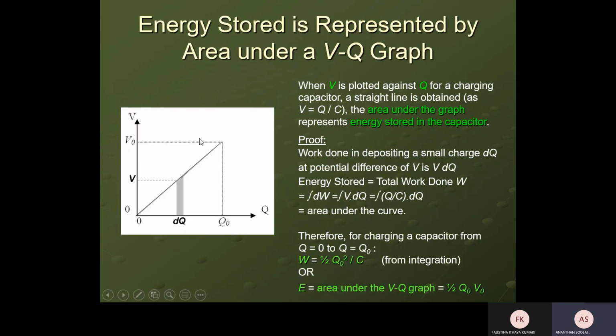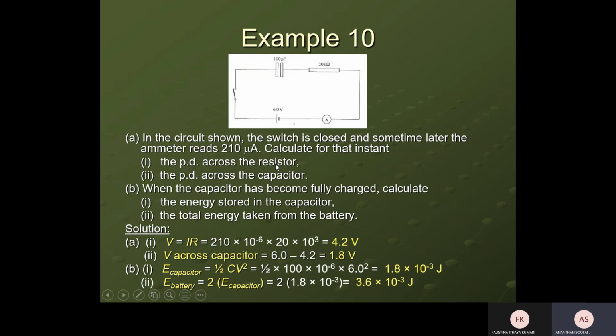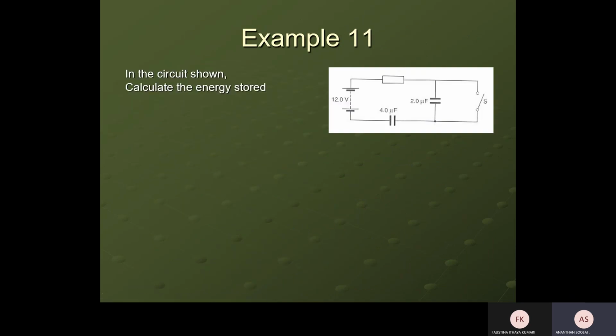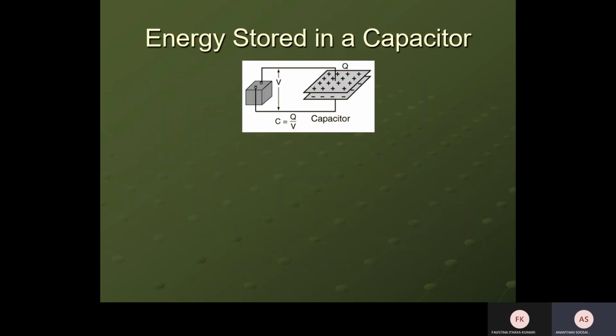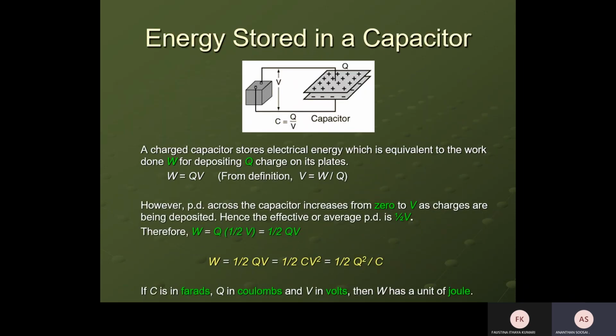Okay, this is the V versus Q. If I plot V versus Q for the battery, the voltage across the battery and the charge it releases, how is the graph going to look? The voltage of the battery is always constant, right? Voltage of the battery never drops.